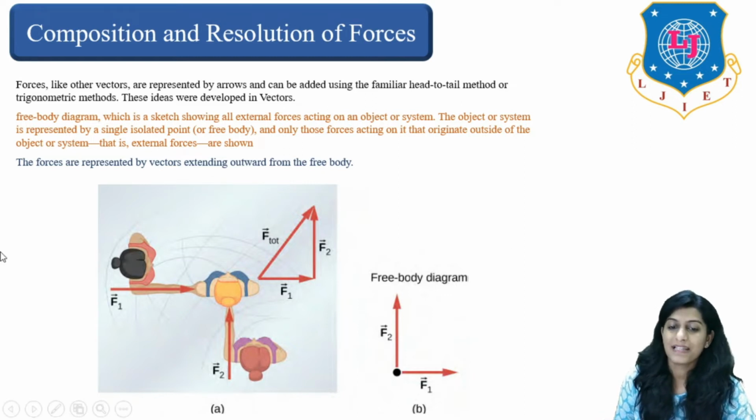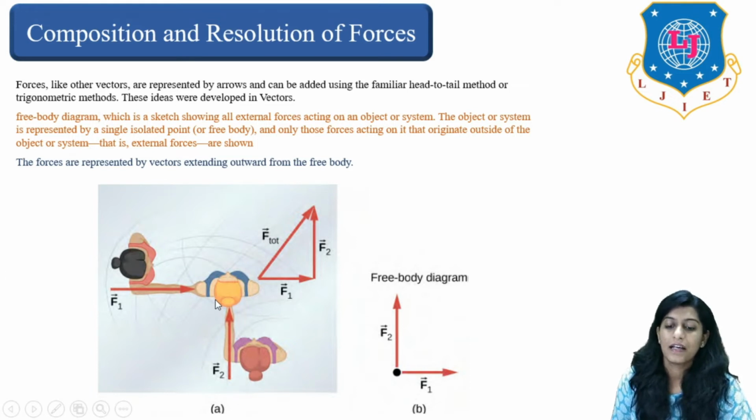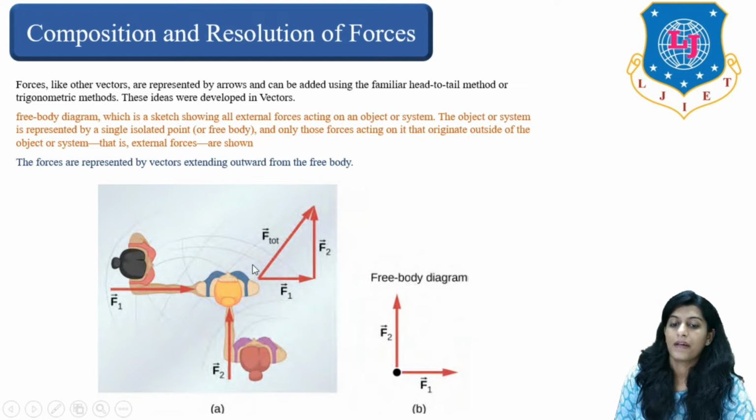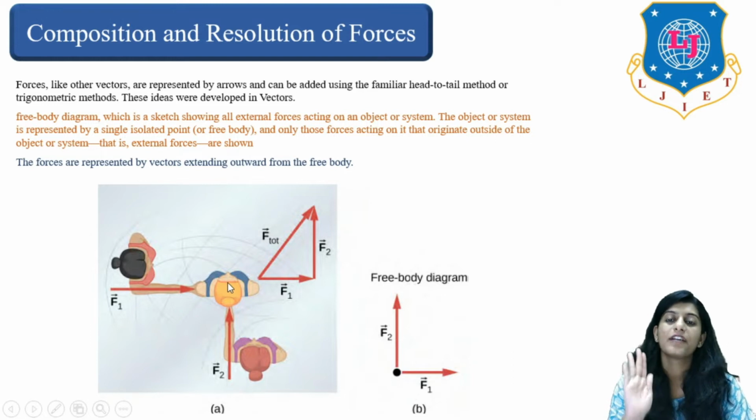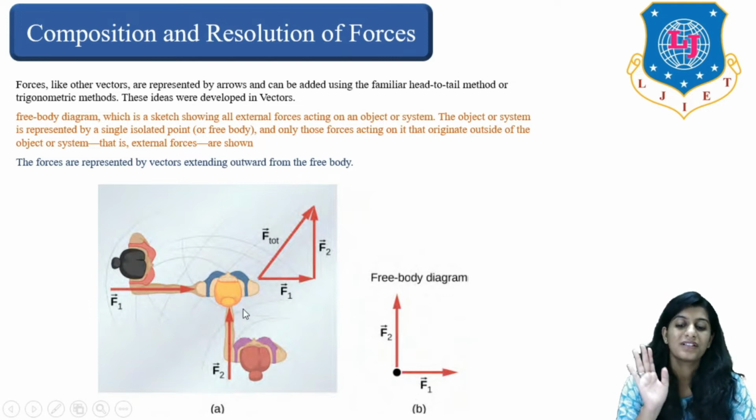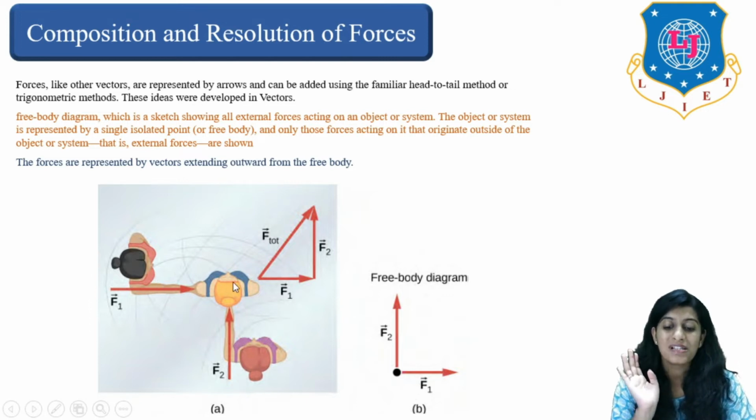So here, if you can see in the picture, this is a body. There are three girls. This particular girl is being given force by two other girls. These two girls are trying to push this girl, right? So the force is in this particular direction from this girl and inward from this girl.